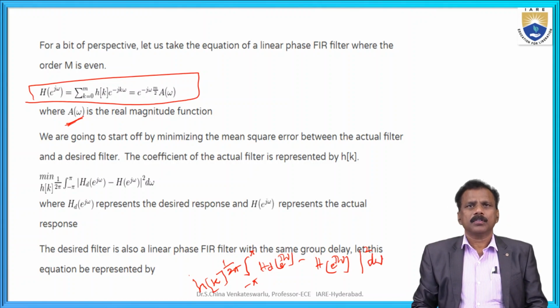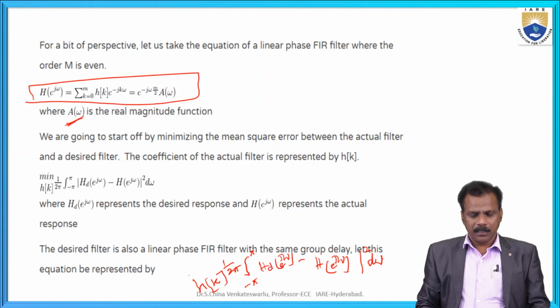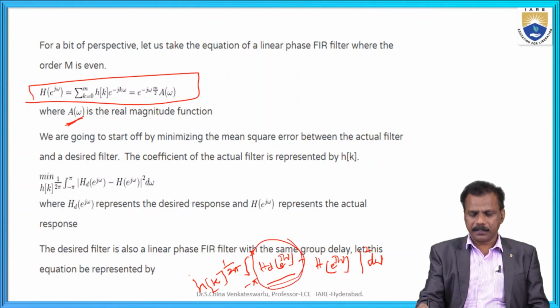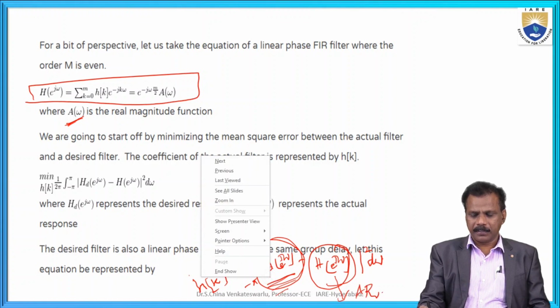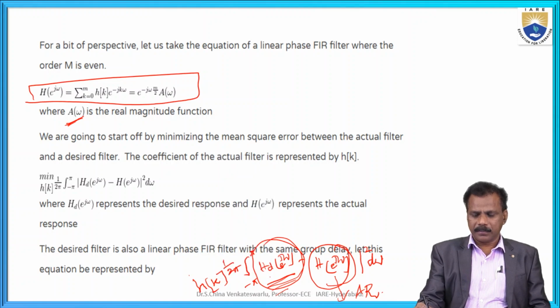Okay, so with this, H_d of e power j omega represents the desired response, and H of e power j omega represents the actual response.